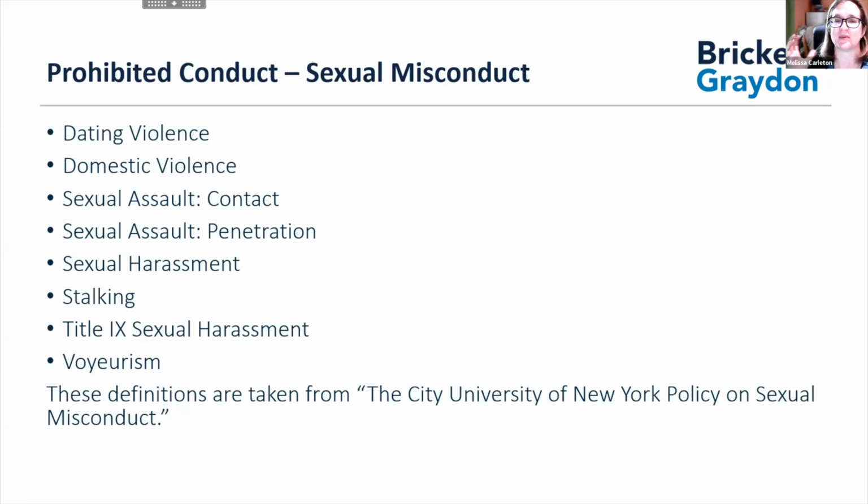So there's a little bit more limitation to what is considered Title IX sexual harassment, again narrowing by the regulations that I talked about earlier. And then voyeurism. So these definitions are taken directly from your policy, which again, Lance dropped into the chat earlier.